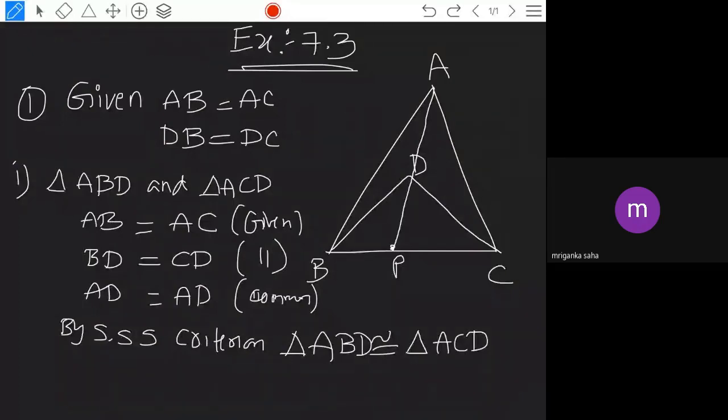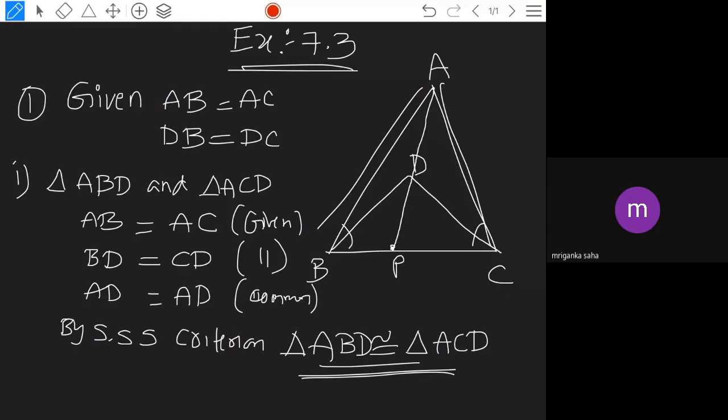You can use the isosceles triangle concept: angle B is equal to angle C, and this side is equal to this side. This side is common, but you do not have SAS congruency here.